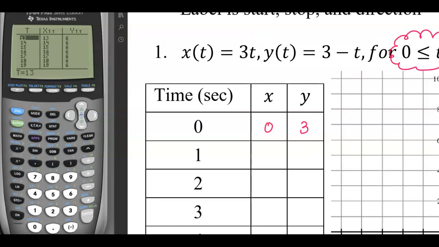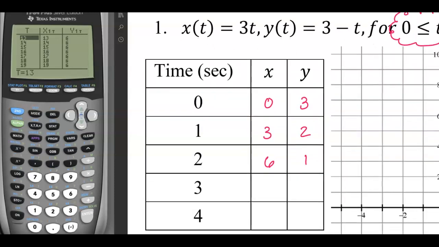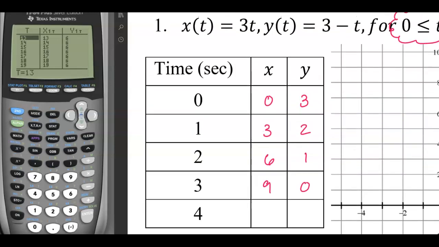Then I plug in the next time, 1. What's my x? 3. What's my y? 2, because 3 minus 1 is 2. Then I plug in 2. What's my x? What's my y? Then I plug in 3. What's my x? And 0. And what's my x for 4? Good.